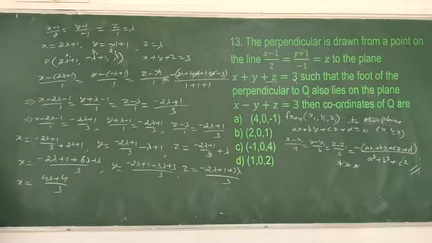Something mistaken happens here. What is the mistake? 4 lambda plus 6 only we are getting.